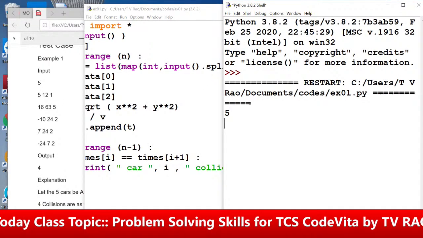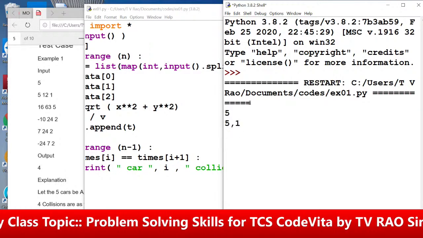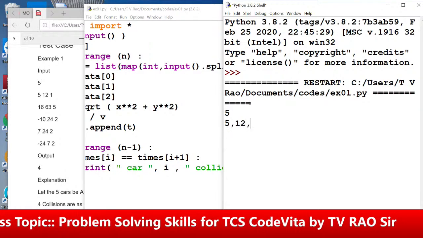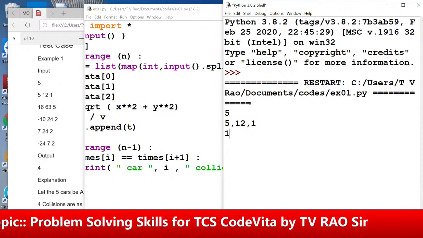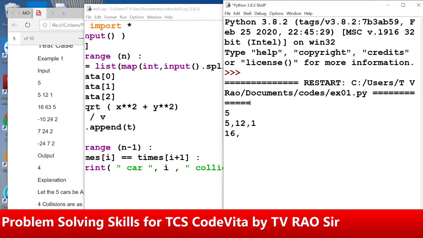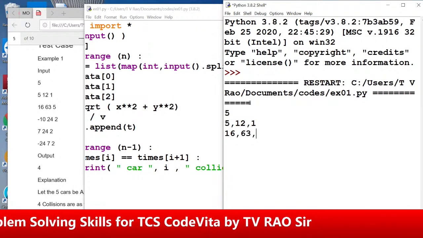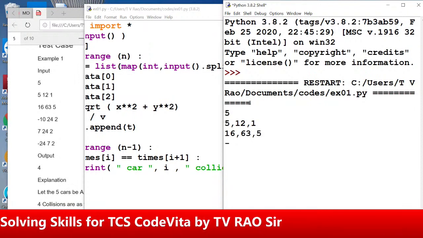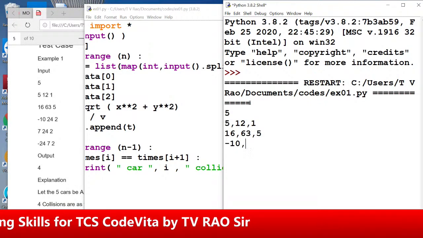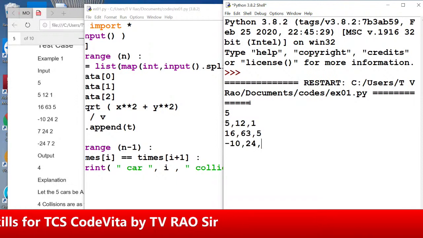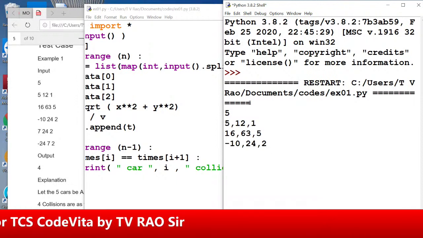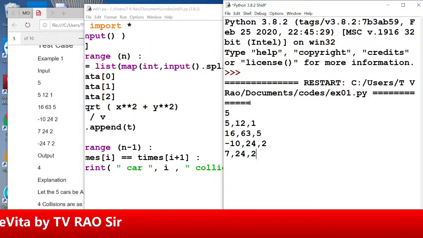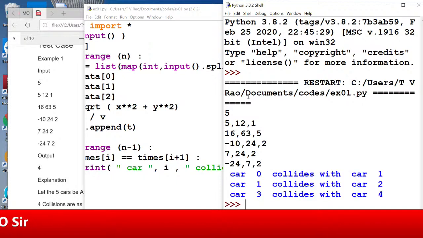Five cars: 5 comma 12 comma 1, 16 comma 63 comma 5, minus 10 comma 24 comma 2, 7 comma 24 comma 2, minus 24 comma 7 comma 2. Okay.